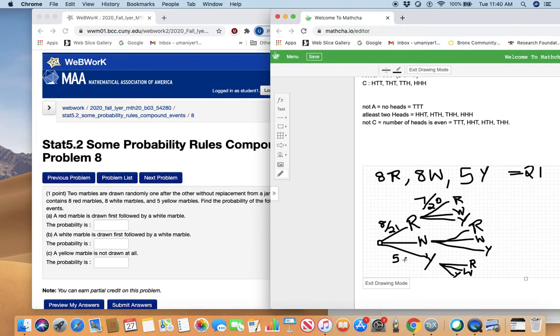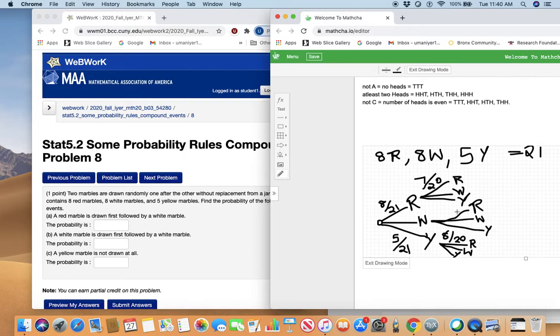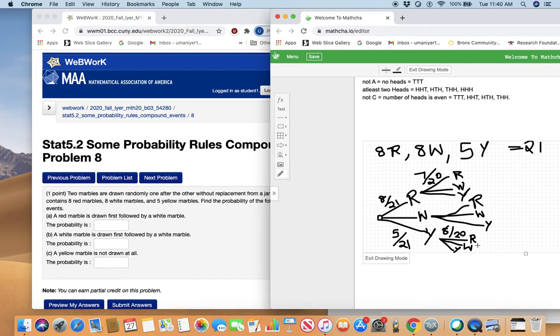There are 5 yellows out of 21 in all. So the first draw, I have 21 marbles. Now suppose I get first a yellow, then a red. So I drew a yellow, so none of the reds were drawn. So red continues to be 8, but I drew 1 marble from 21, so 20 left over. So the numbers are not going to be the same. Like in the previous case, here each branch's numbers will change. So based on that, we want to study this.